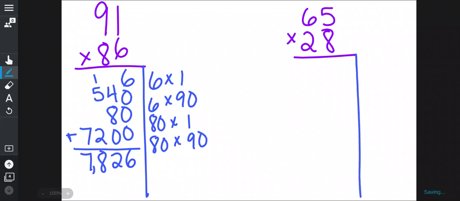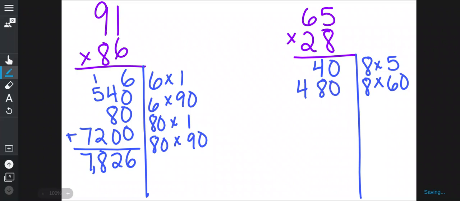All right, you're back to do this problem. So I'm going to start my ones place. I know both of those are going to be 8s because I have an 8 in the bottom number. 8 times 5, 8 times 60. So my first one is 40. The second is 480. And then my tens place is a 20. 20 times 5, 20 times 60. So I know this is 100.